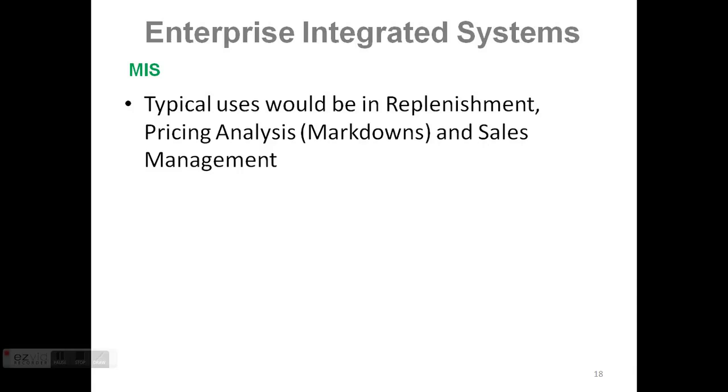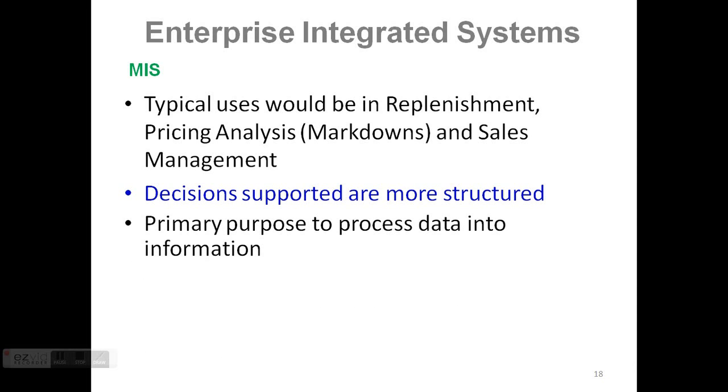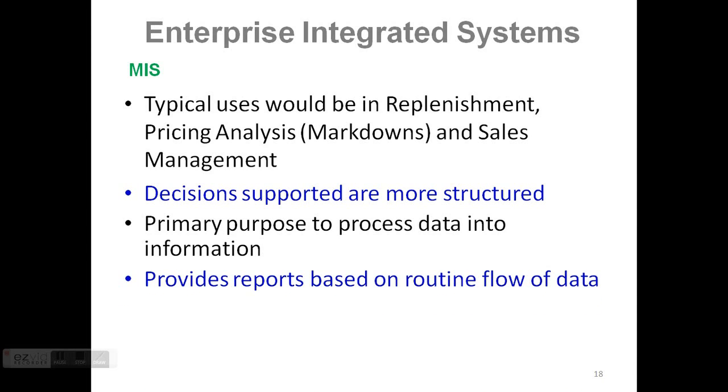Typical uses of this kind of systems would be replenishment, pricing analysis, markdown, sales management, and all middle management. Decisions supported are more structured. The primary purpose is to process data into information, okay, and provide reports based on routine flow of data.